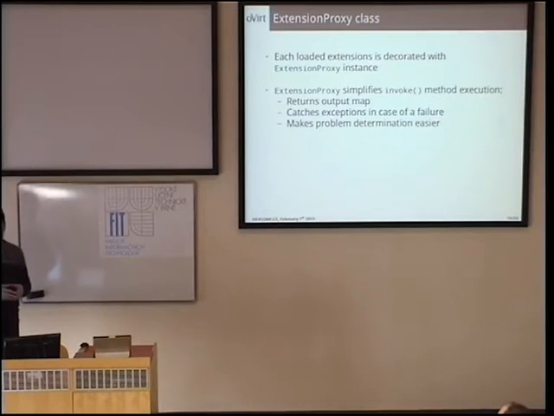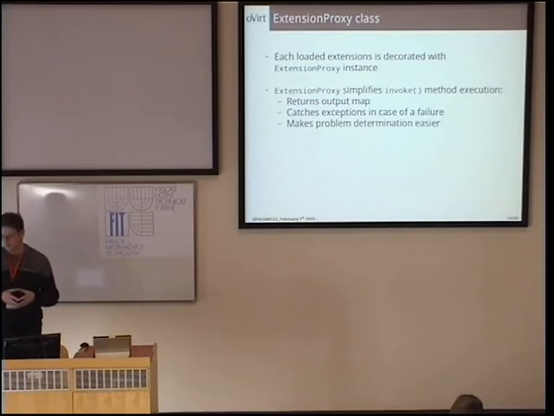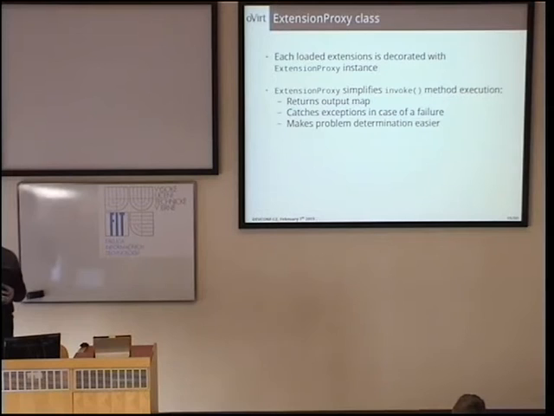When you work with an extension and you get the extensions through the extension manager, you always get an instance of extension proxy, not the class that is really provided by an extension. Why? Because it simplifies invoke method execution. For example, if some kind of exception is raised during the extension invocation, it is covered or surrounded by a result, and only a failure result is reported to the caller, so you don't have to care about it.